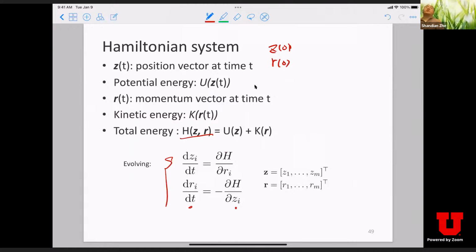So don't ask me how this is derived. This is called Hamiltonian mechanics. You can take some college physics, because they will tell you a bit of this. It seems different from Newtonian mechanics, at least on the surface, but they're essentially equivalent.